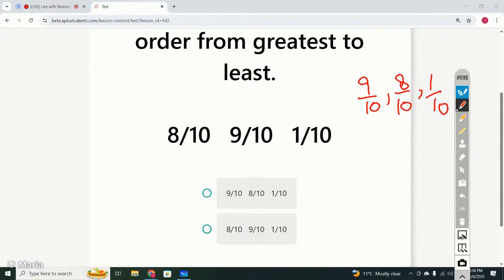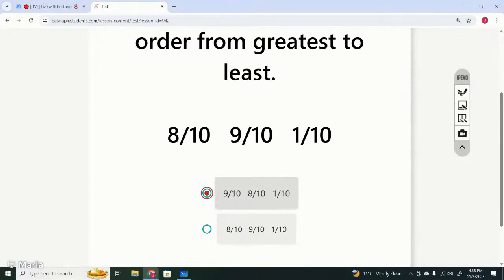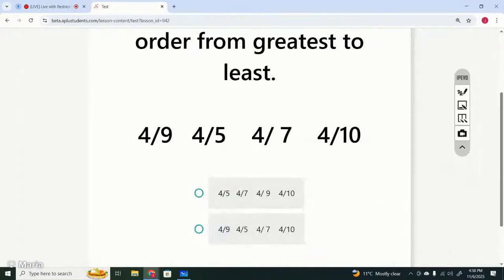So 9 by 10, 8 by 10 and 1 by 10. Option number 1 is the correct option.